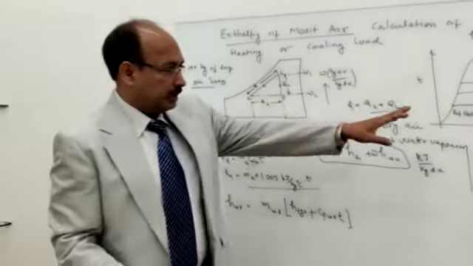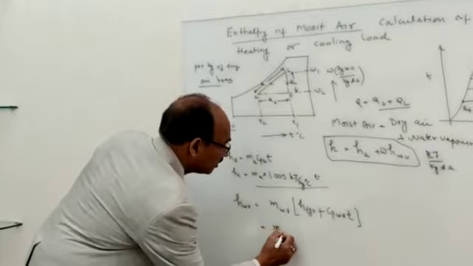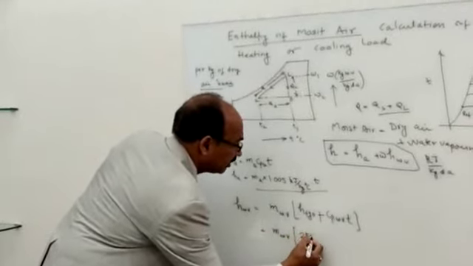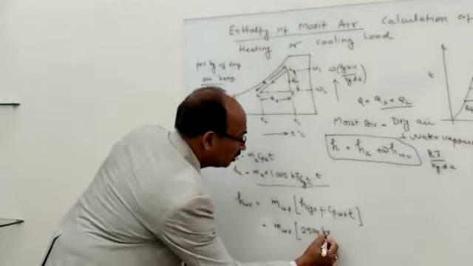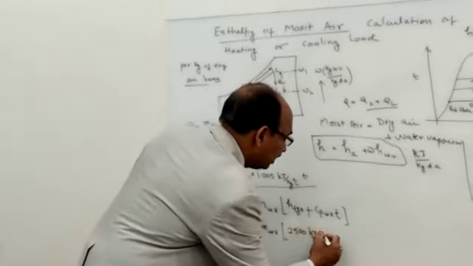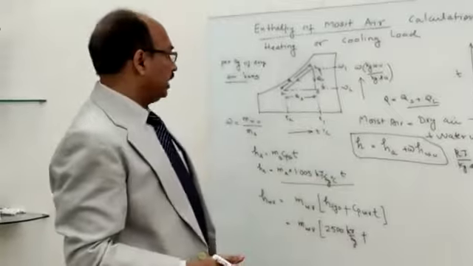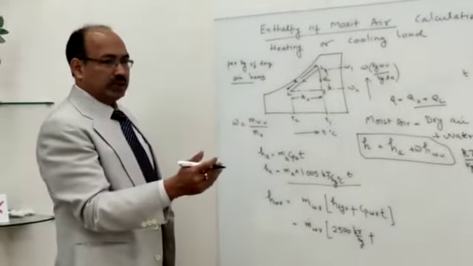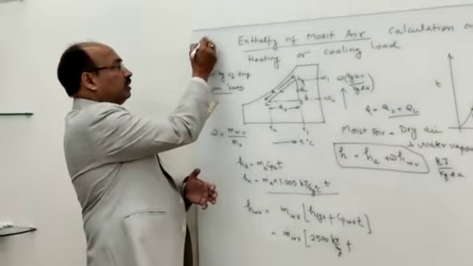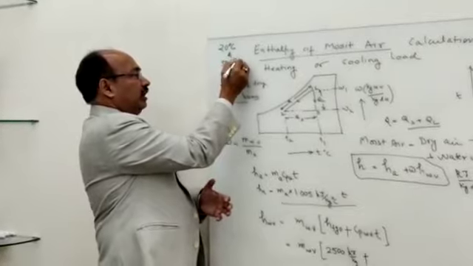Now at 0 degree centigrade, we know that the enthalpy is 2500 kilojoule per kg. This is a fixed value. And Cp of water vapor for the standard air, in air conditioning we use properties of moist air at standard air, and the standard air is considered 20 degree centigrade and 50% RH.